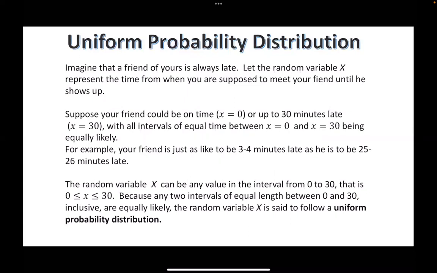It has an equal probability of being 26 minutes late as being 5 minutes late. All of the intervals of equal amount of time between 0 and 30 are equally likely. So your friend could be 3 to 4 minutes late, or 25 to 26. Our random variable can be any value between 0 and 30. It's a uniform probability distribution because every single value is equally likely.